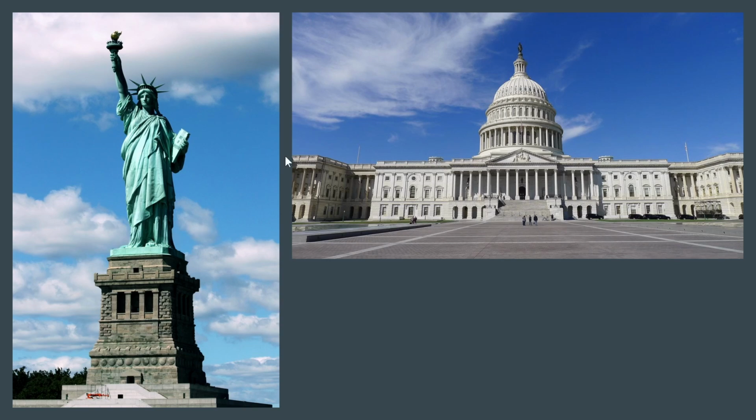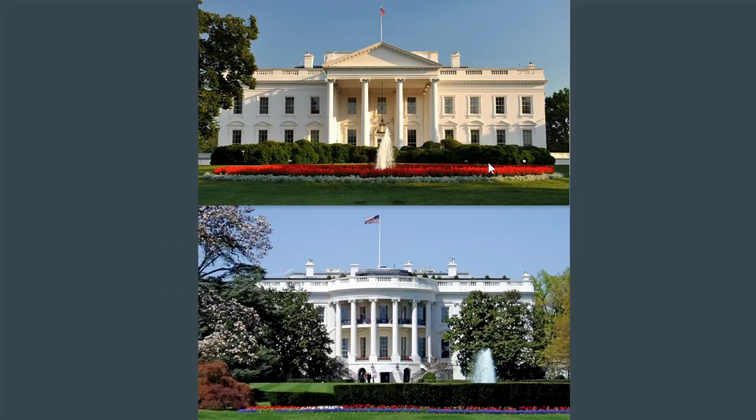And these two are examples of neoclassical sculpture and architecture as well. This is definitely neoclassical. And here's the White House. Both the White House and the U.S. Capitol building have columns, right? And these columns are Greco-Roman.